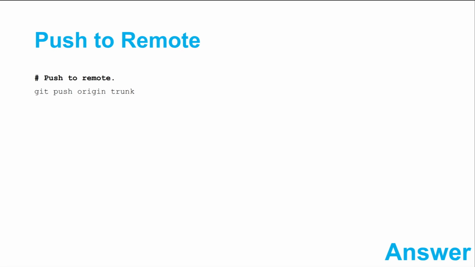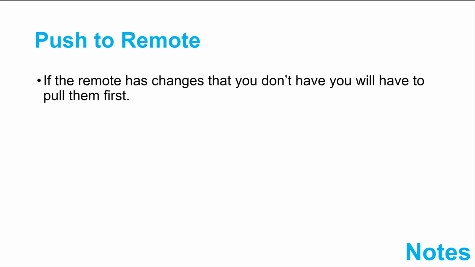Well, standard nomenclature is that the origin is wherever you're sending it to, because that's where it originated from. Then you need to push the branch that you're working on that you want to send the changes for. In this case, it's trunk. It might be a feature branch, hard to say.